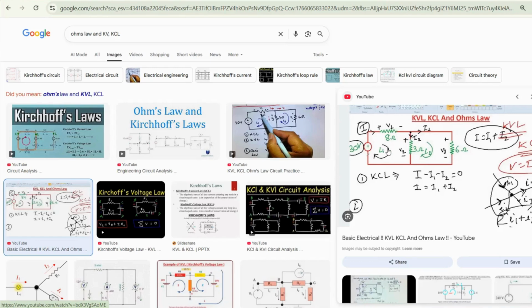If someone asks how much current is flowing through the 3 ohm resistance, through the 8 ohm resistance, and through the 6 ohm resistor, how do you find it? With the help of Ohm's law, is that enough? No, sir. With Ohm's law, can I find the current flowing through one particular resistance?